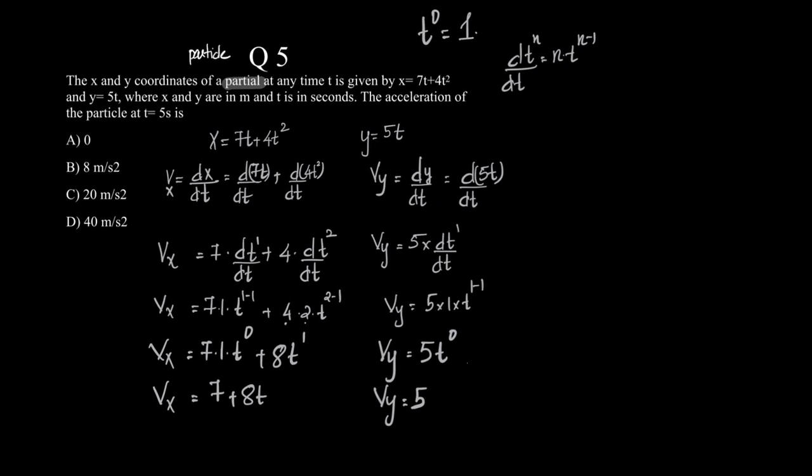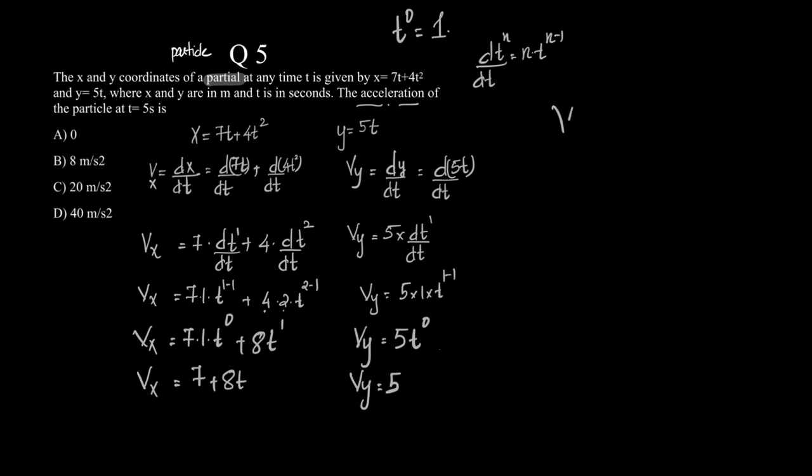Now the question is to find the acceleration. So let's write down Vx and Vy again. We have Vx is equal to 7 plus 8t and Vy is equal to 5. Now what is Ax? Ax is equal to d by dt of Vx.